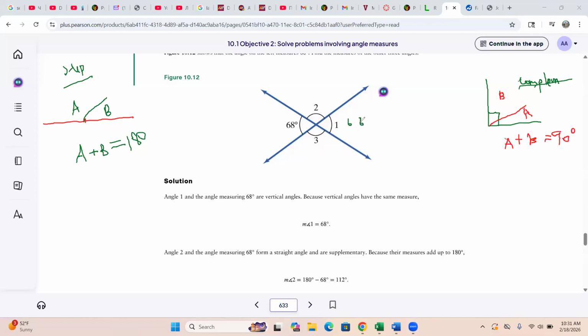And that's great. And how about angle 2? Well, it turns out that now we can use supplementary angles fact. So I could subtract that 68 from 180. Why can I do that? Why can I subtract?